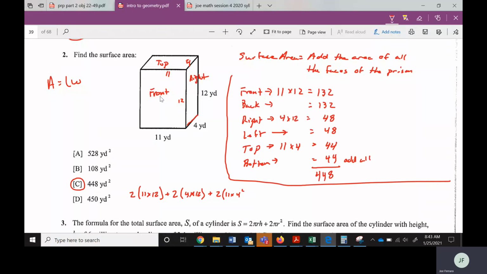You don't have to do it this way, but this would be the same type of thing. So we'd have exactly the same as what we'd have up top. Okay, so you multiply those by 2 and you'd have 264 and a 96 and an 88, and those would equal 448 as well. That's just another way of doing that. Okay, so that's a surface area of a rectangular prism.